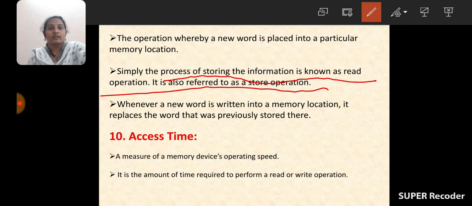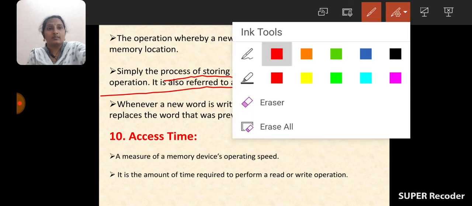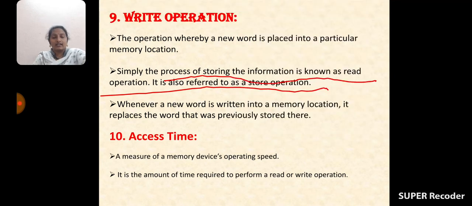Okay, and coming to the next important one, access time. It is the time taken by the memory either to enter the data or to receive the data. It is the time required to perform either write operation or read operation.